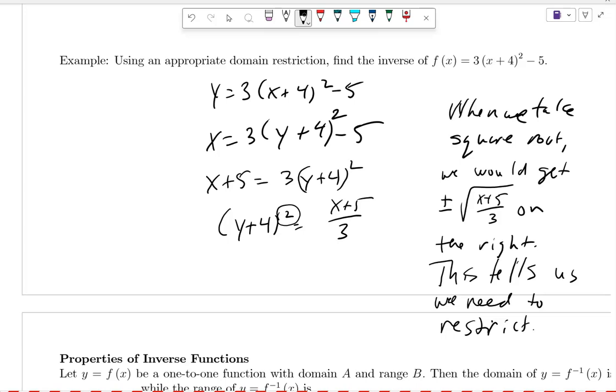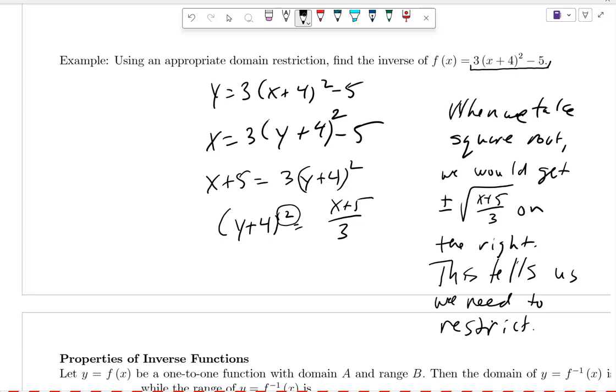It doesn't tell us where to restrict to, right? It just tells us that we need to restrict. So let's go back up to this original function. Now let's think about your transformations. We did transformations in graphs before. What did that 3 do? Stretch it vertically, right?